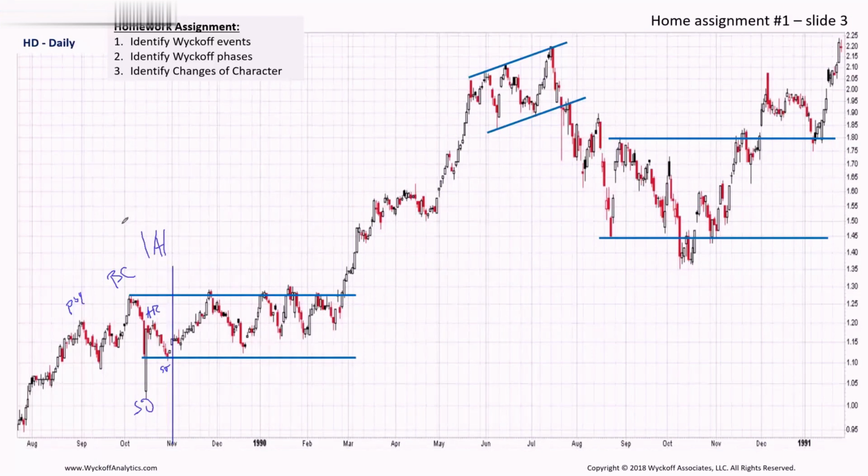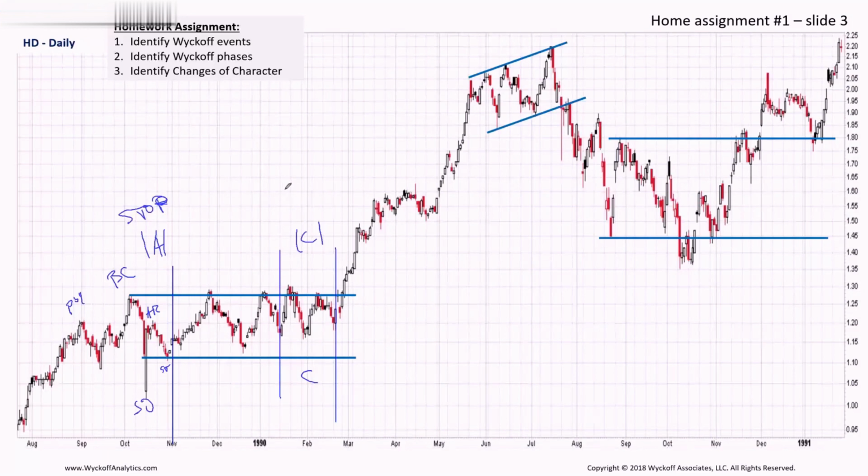What is the intention behind phase A, really quick? A change of character. Stop in action? Stopping the previous trend, yes. Then let's say if this is phase C, what's the intention behind phase C? Phase C marks the commencement of the next uptrend. That's not the intention, though. What is the intention behind phase C?